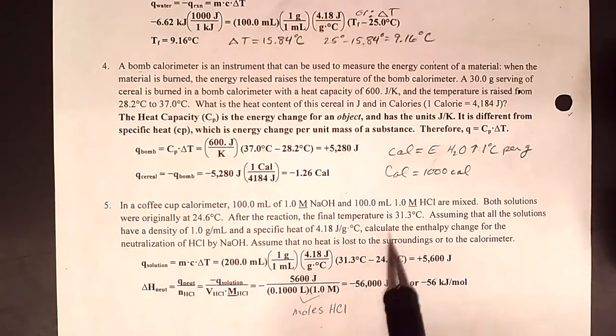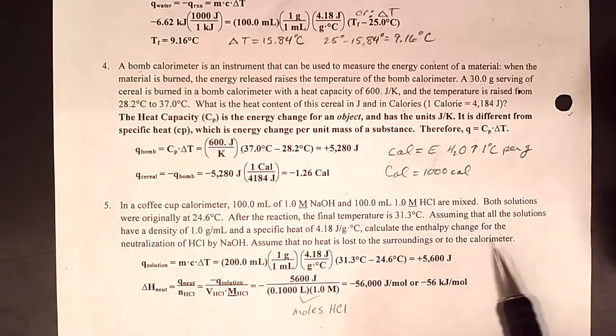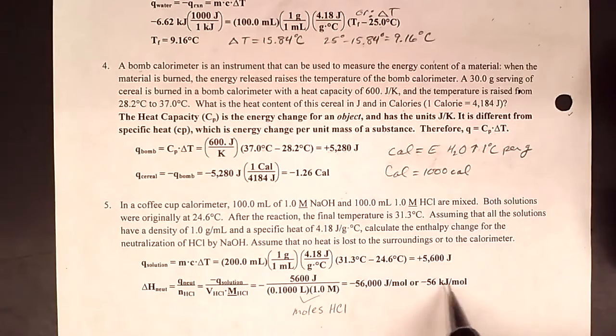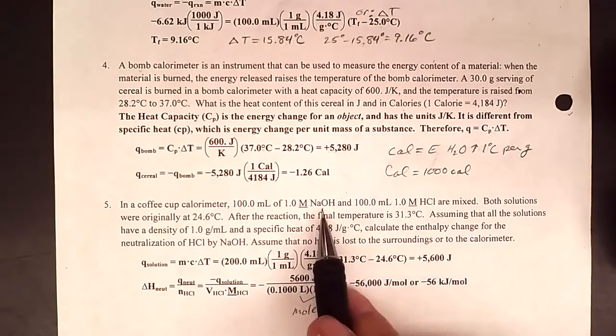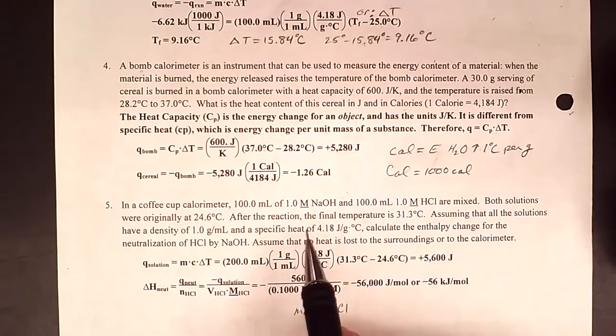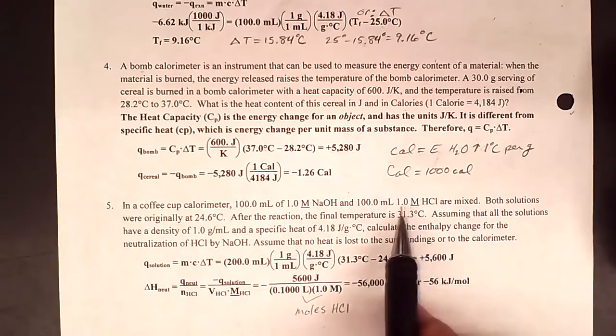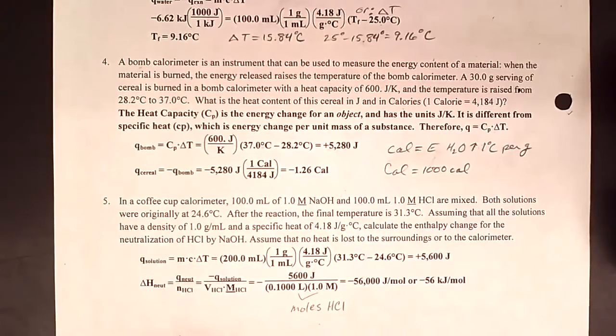So number 5, we want to target the rating for the neutralization of this strong base and strong acid. And we're going to get kilojoules per mole, and that's mole of reaction, or it's mole of these used. It's kind of the same thing, because if you use one of these and one of those, you get the reaction run 1 mole of times. So it just kind of depends on which way you view it in this case.